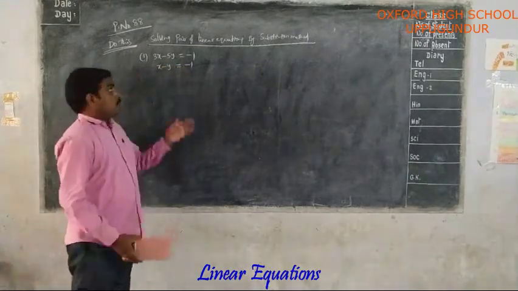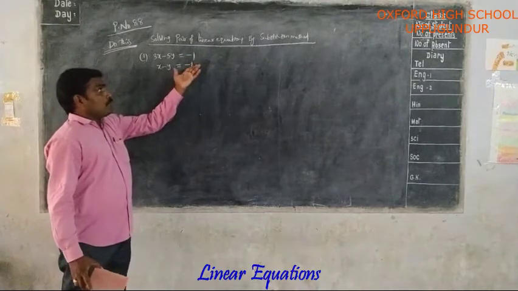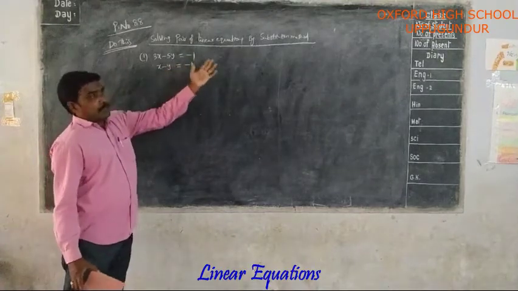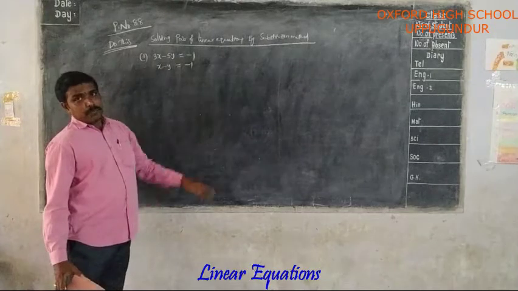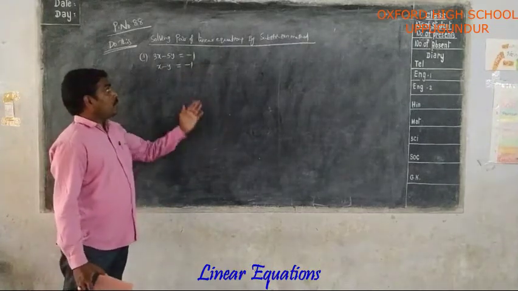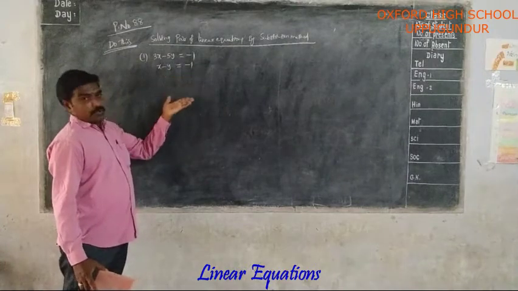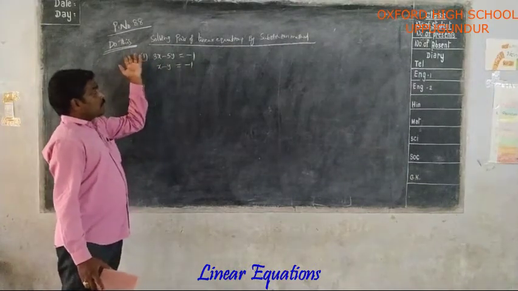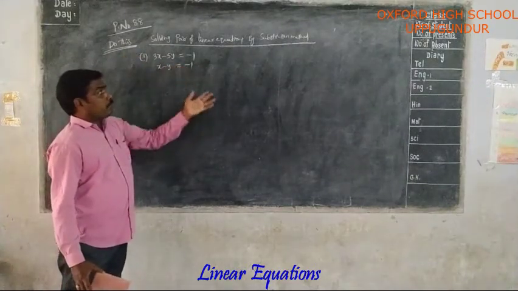So, to solve this, how to solve a pair of linear equations by substitution method or by elimination method, I already explained those methods in your previous session. Today we have to solve these. In this, you have to do these 4 problems by substitution method.